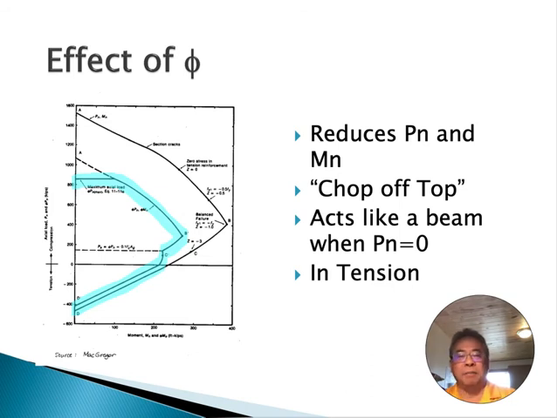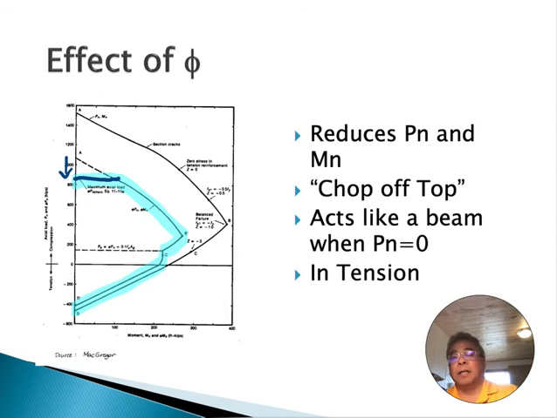I can't quite remember. I'll have to go back and look at the slides. That's what this is. That reduction there. You take the percentage, and then you chop off the top.